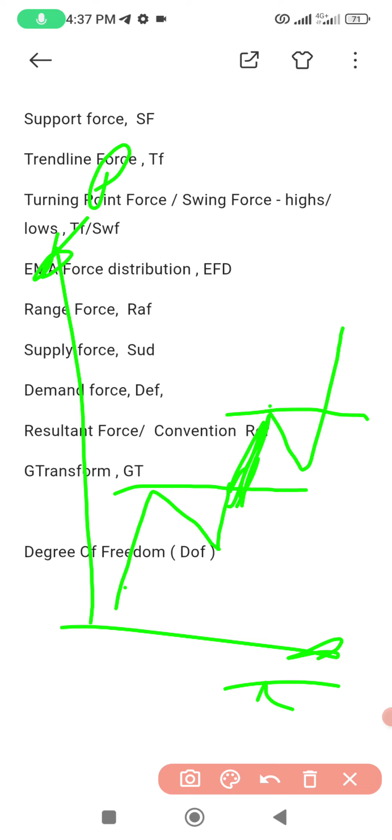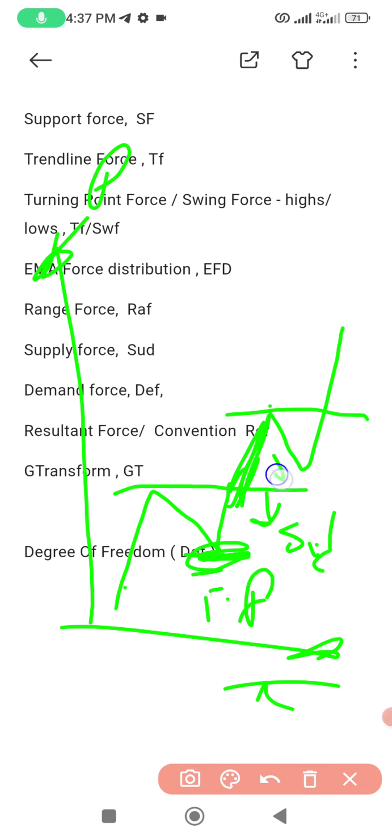Right here we have a turning point, TF. So here we have a TF force. At this place, we have a support force SF, and at the same place we also have a resistance force RF.